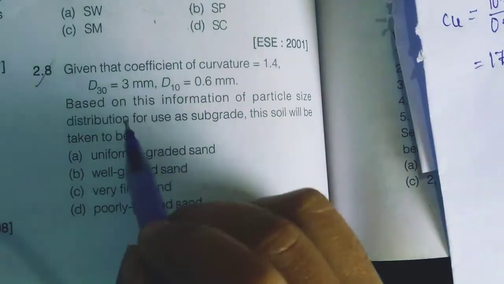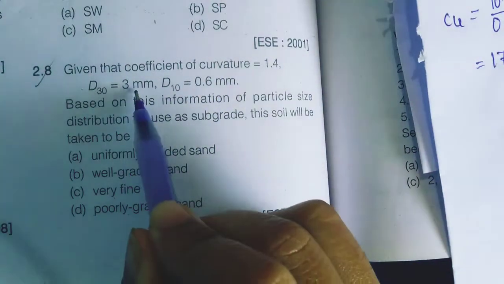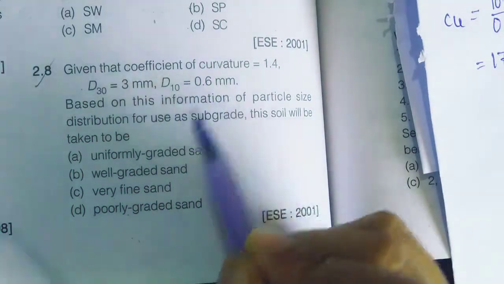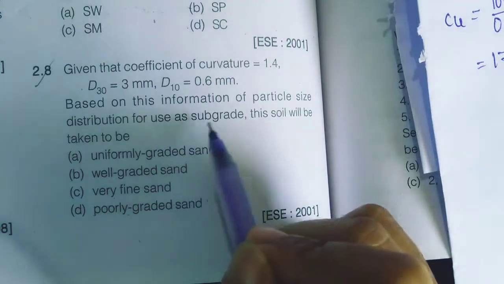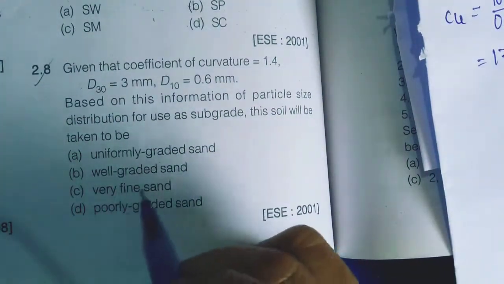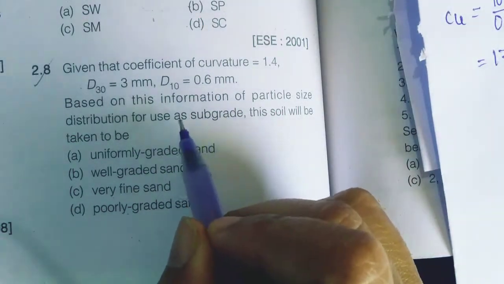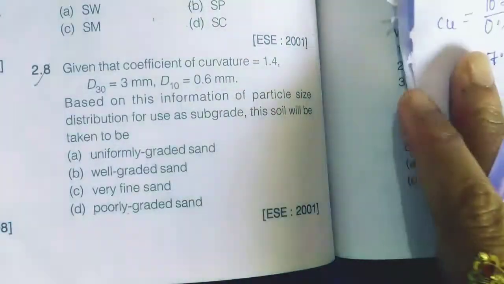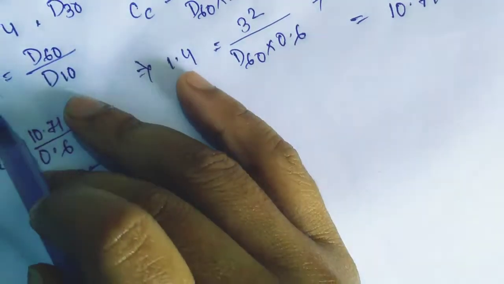Next question. Coefficient of curvature given 1.4, D30 3 mm, D10 0.6 mm. Based on this information of particle size distribution for use as subgrade, this soil will be taken to be what? We have to choose from the options which type of soil this is. For this we first have to find Cu and Cc.